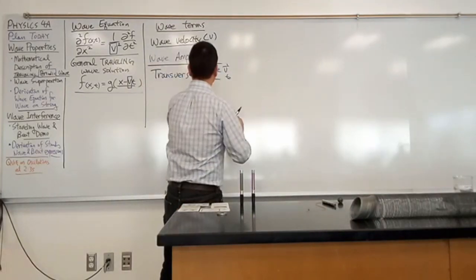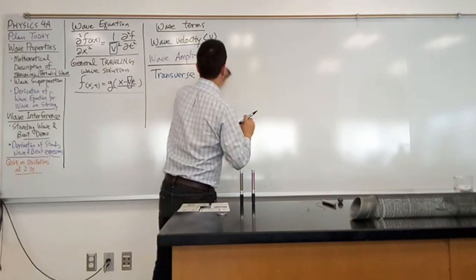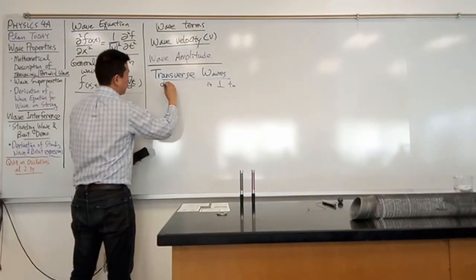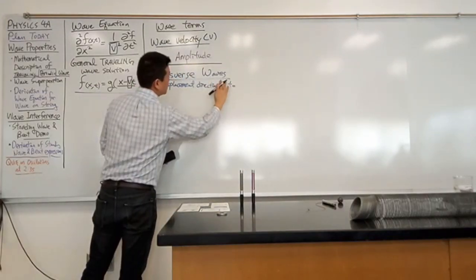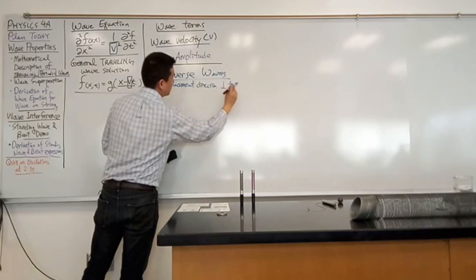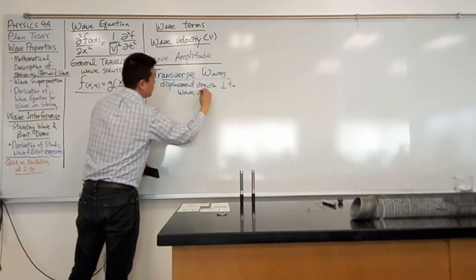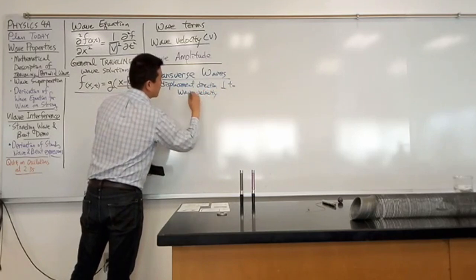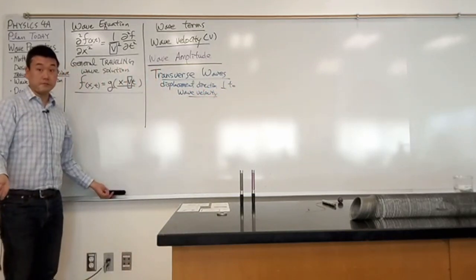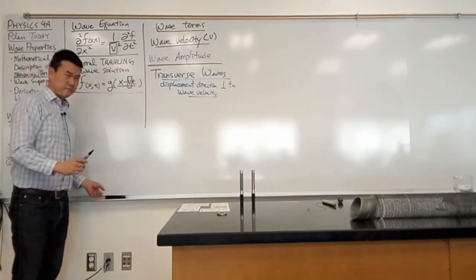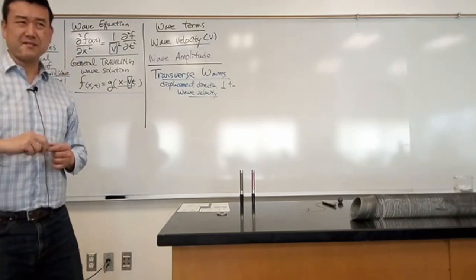So when someone talks about transverse waves, displacement direction is perpendicular to the wave velocity. Wave velocity is in the same direction as the propagation direction. Does that make sense? Yes?